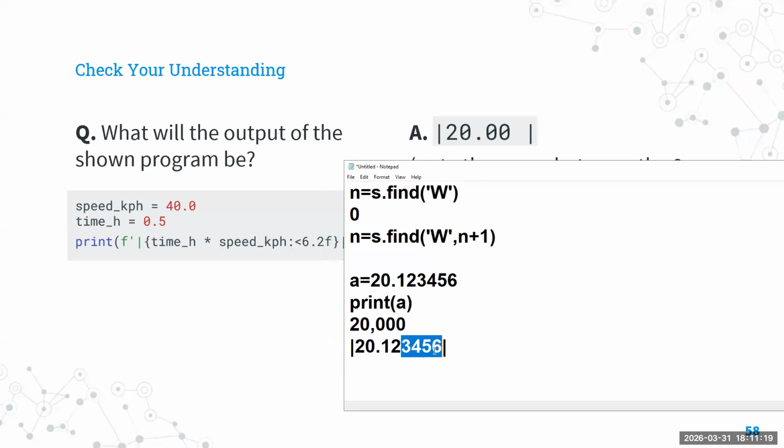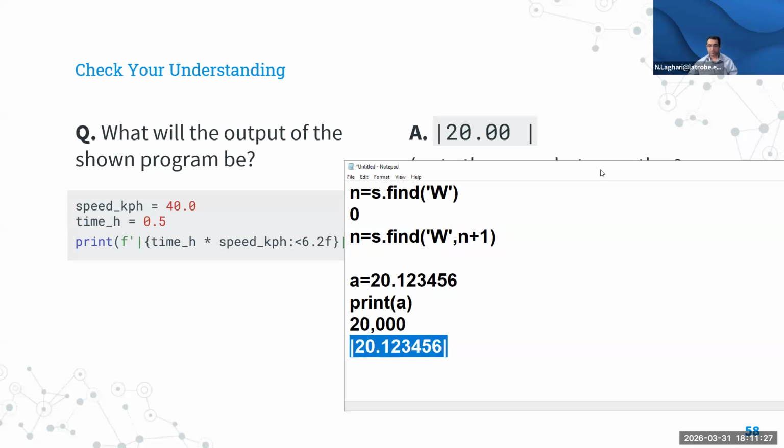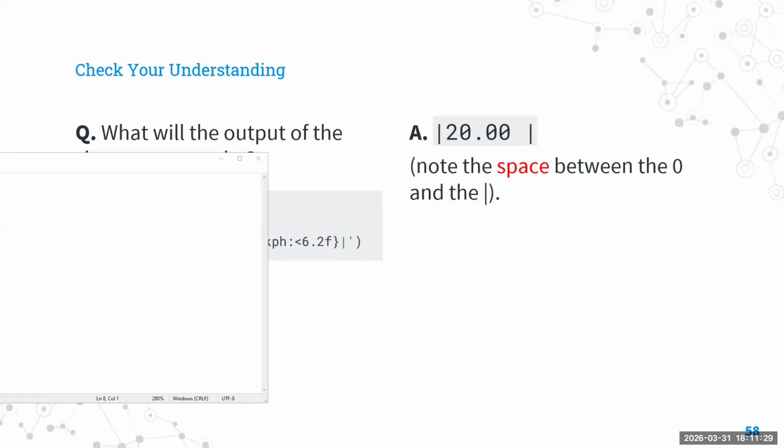If we do not have the instructions to round off and we say that we need all 6 digits, then it'll be printing like so. Okay, makes sense.